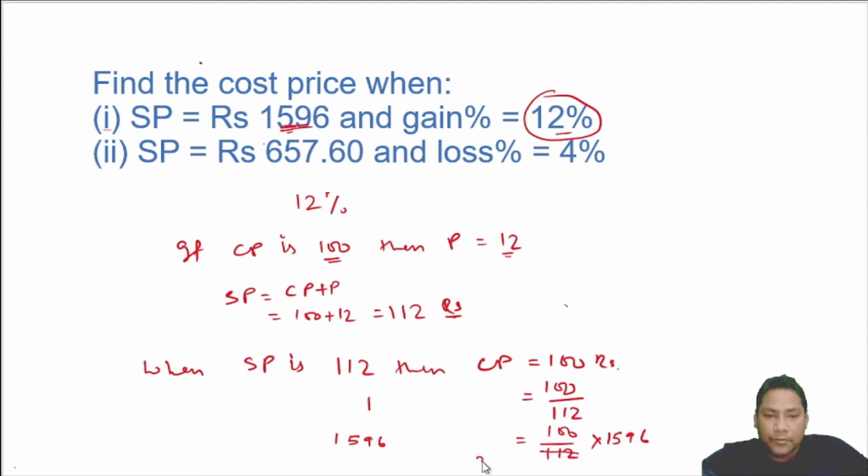This will become 4 2s are 8, remaining 3, 32. 4 8s are 32. Next, this is 25. Now this 1596 is also divisible by 4. We will divide it by 4.